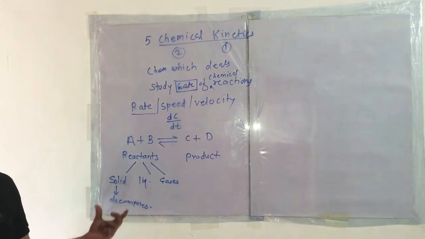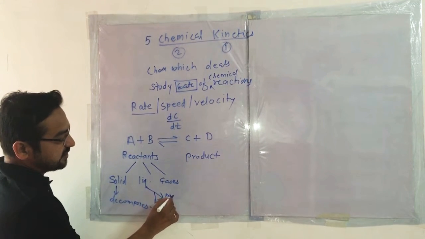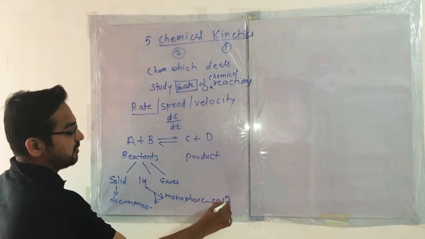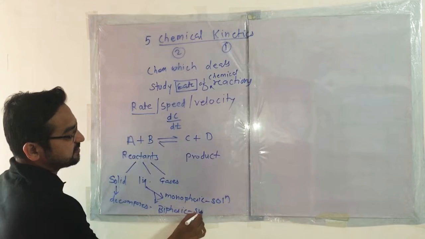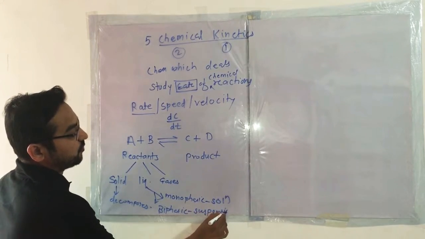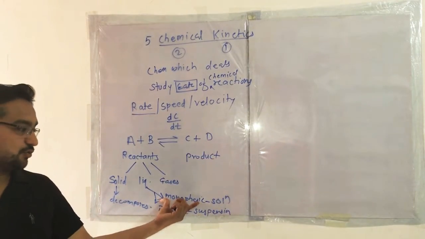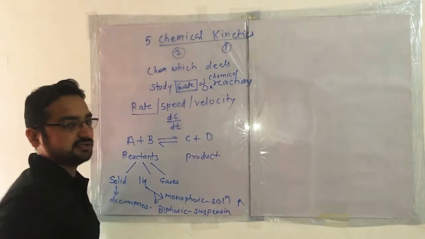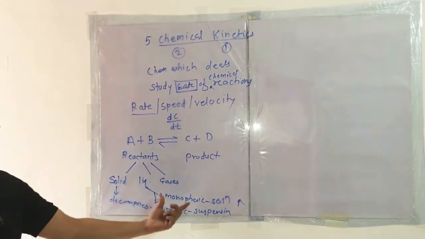Coming to liquids, it could be monophasic, meaning a solution, or biphasic, let us assume a suspension. Monophasic solutions have the higher rate of reaction, so the speed of your reaction will be higher.